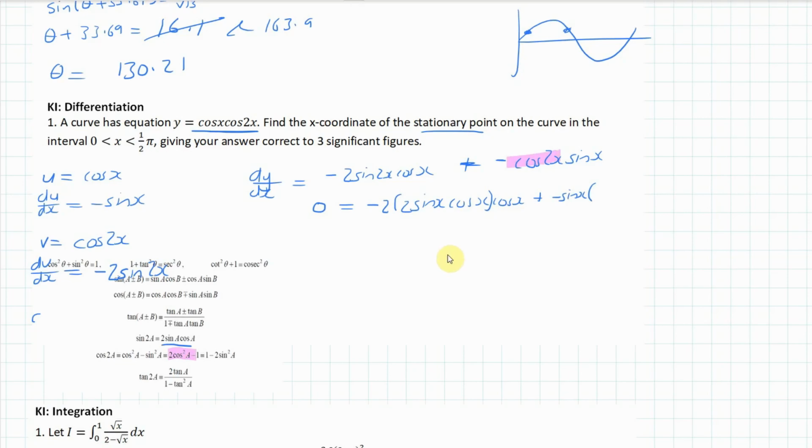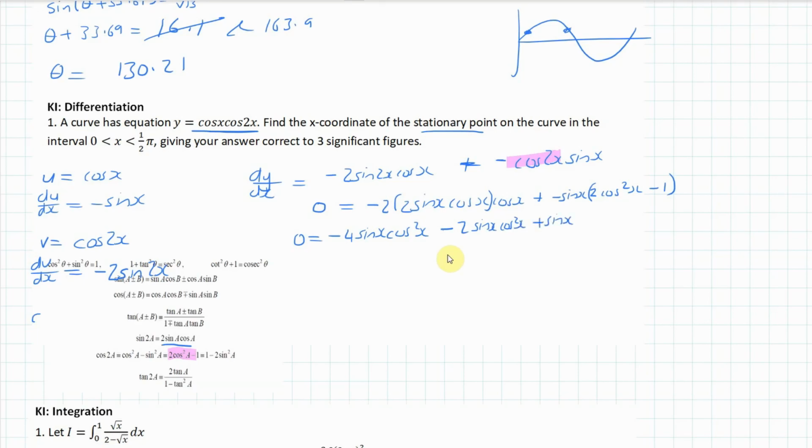So that will give me 2 cosine squared x minus 1. Next line down, we'll get negative 4 sine x cosine squared x, and then minus sine x times 2 cosine squared x minus 1, which is minus 2 sine x cosine squared x plus sine x.